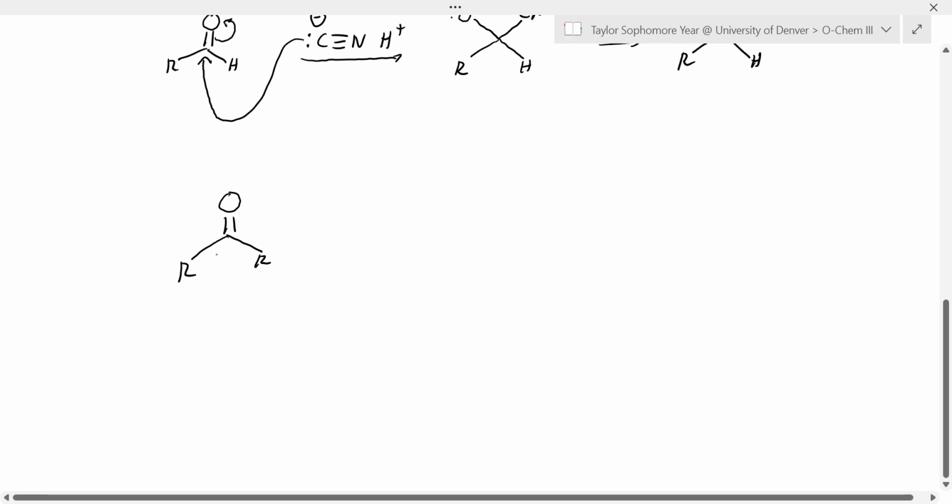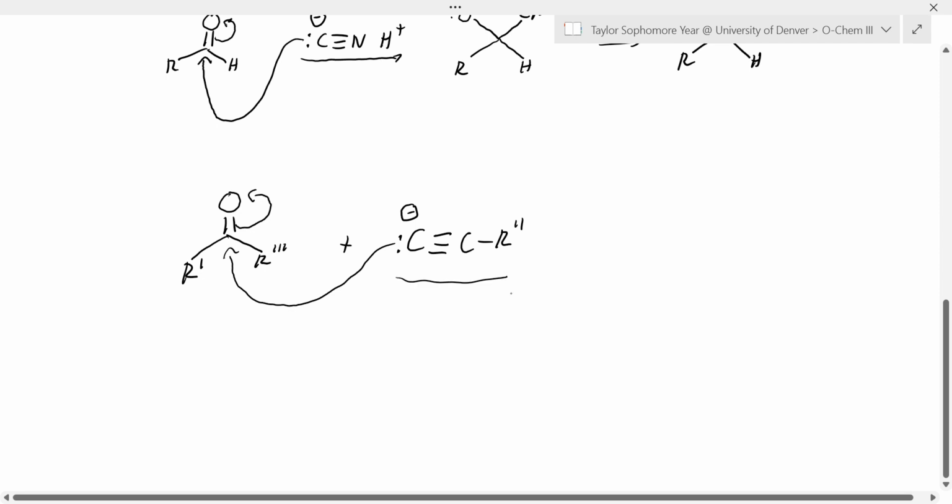We'll say this is R1, this would be R3, and we'll react it with an alkyne, which we'll call R2. Again, we can push this way, causing the electrons to go onto oxygen.